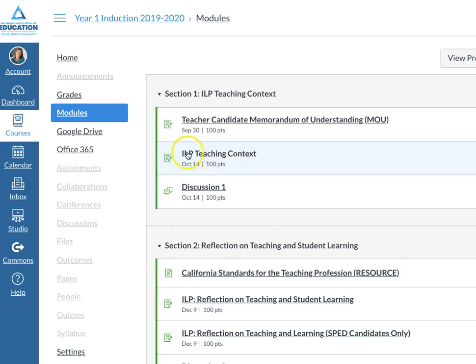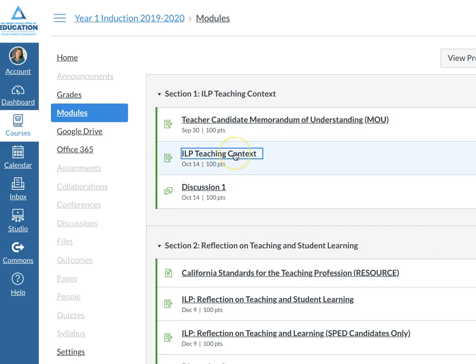One of them is the ILP teaching context. The other one for section one is discussion one. These are due October 14th. I'm not sure if you've started this, so let's not stress about October 14th. The discussion you would be able to complete by Monday, hopefully, and you can take a look at that.